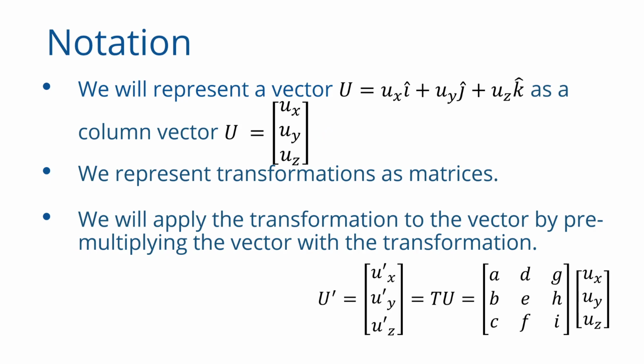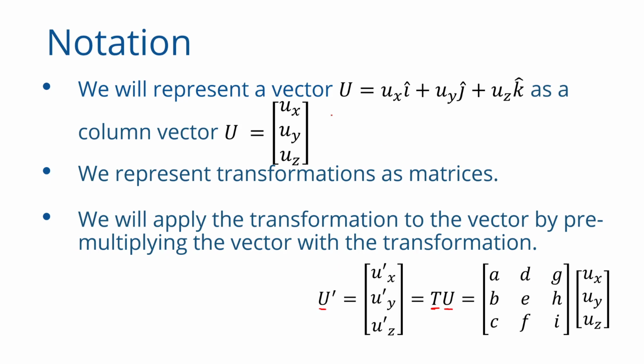And now, given a transformation T, we apply this transformation to a vector u by pre-multiplying the transformation to the vector, and that gives us a transformed vector.